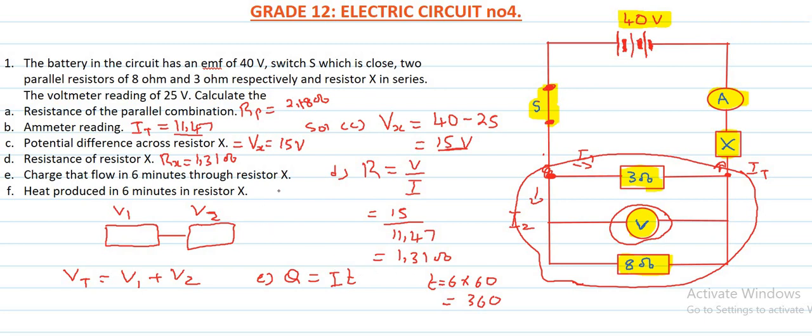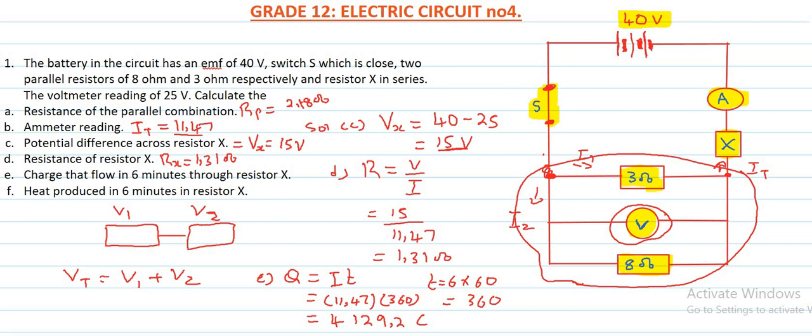I is the current that flows through resistor X. Our current was 11,47, time which is 360 seconds. Then the charge that flows will be 11,47 multiplied by 360, which is 4,129,2 coulomb. That will be our charge.